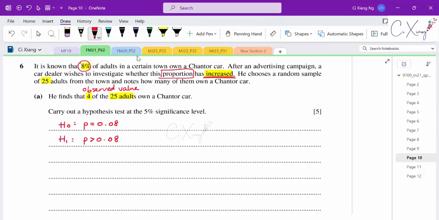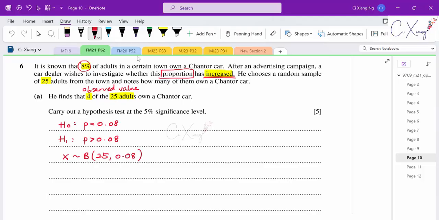So we go to the second step. We need to calculate the p-value. For this test of a proportion, we are using the binomial distribution, where the total number of adults is 25, and the probability of one adult owning a car is 0.08.